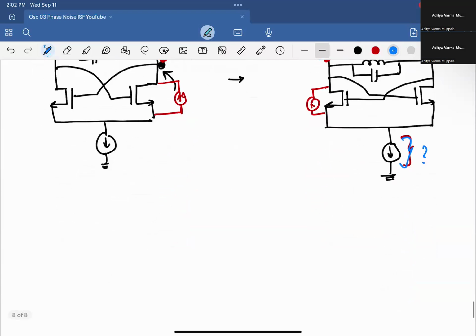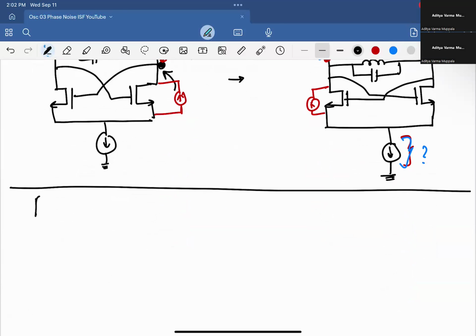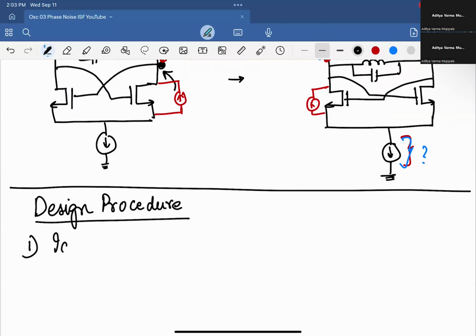Okay, so I would like to conclude finally with the design procedure on how to reduce phase noise. We'll go through this more concretely when we actually do it in Cadence. But essentially what you need to do is first identify noise sources. So what are all the noise sources?